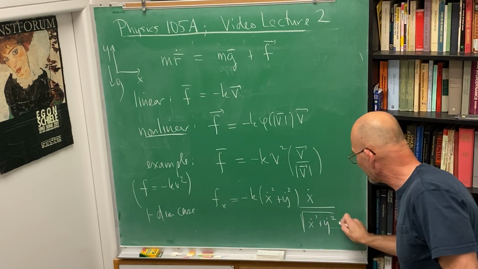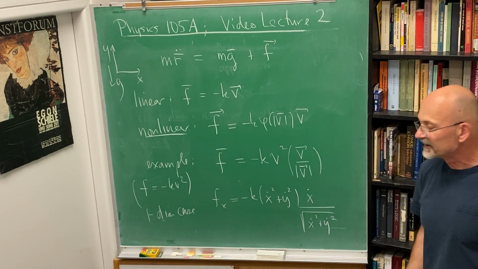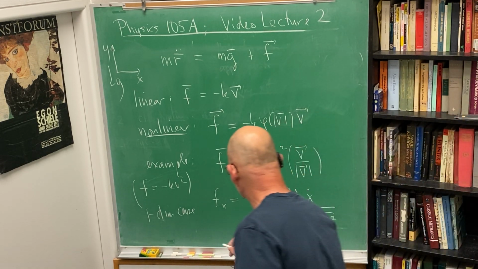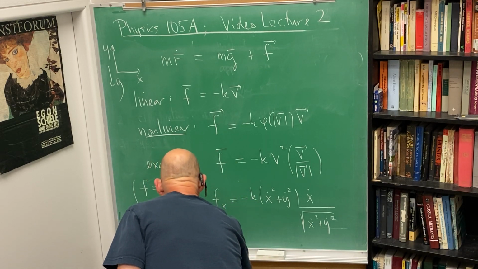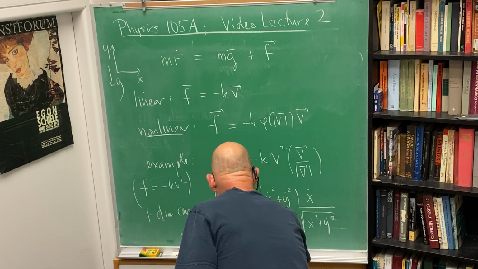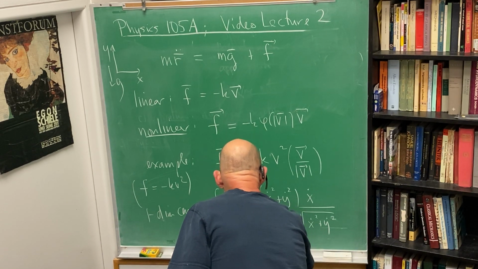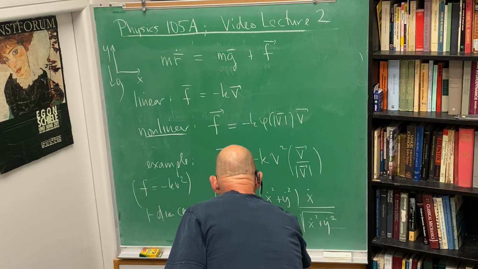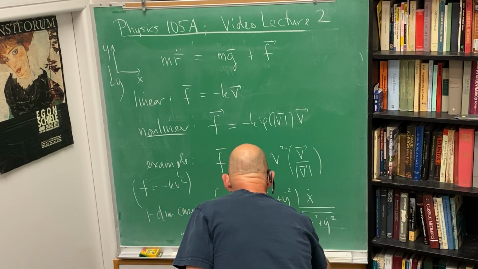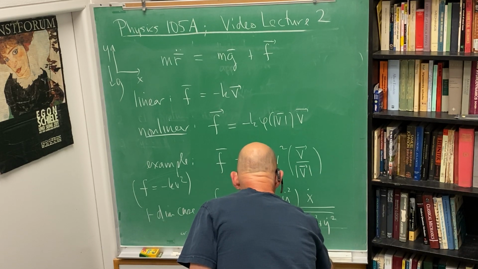Okay, this simplifies a bit, but it doesn't make it any better. What does it simplify to? Fx equals minus K times the root of x dot squared plus y dot squared, times x dot.